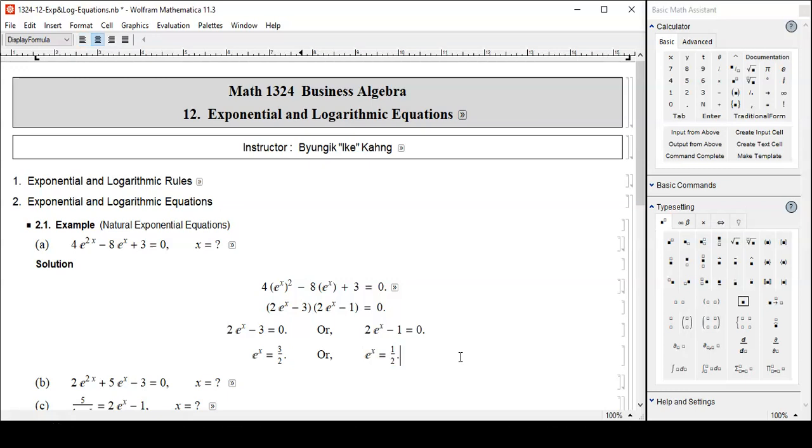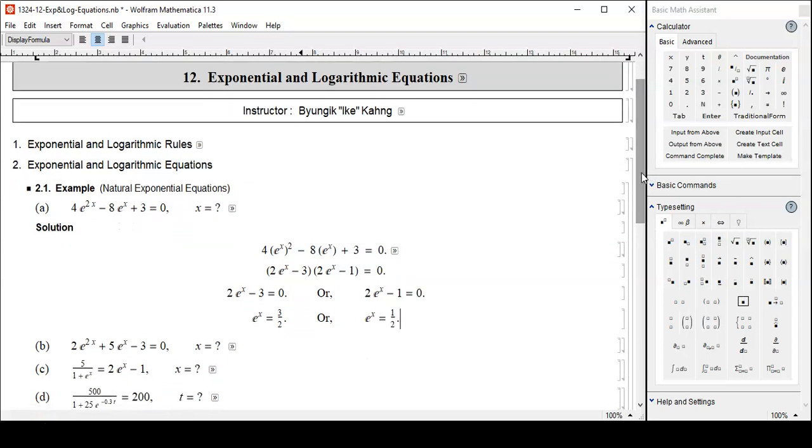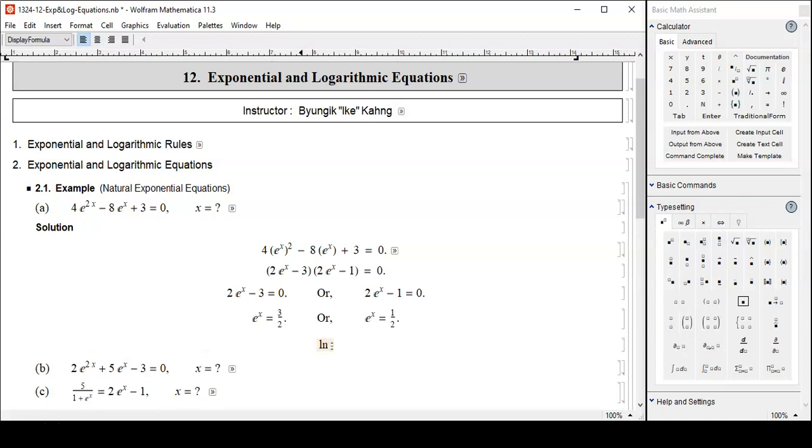All right, but then again, that's not the end of the problem. We want to find out x, but we found out e to the x. How do you get x from e to the x? By taking the natural log of both sides. Natural log of e to the x is natural log of 3/2. That comes from, let's do the color coding, blue.